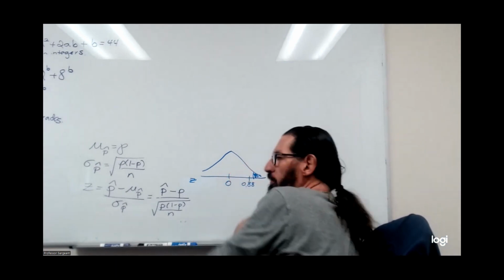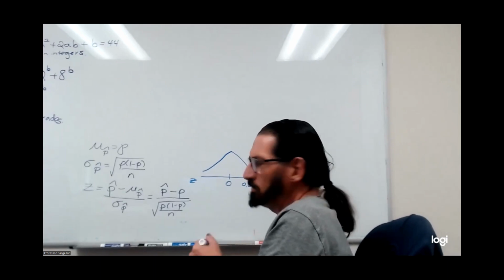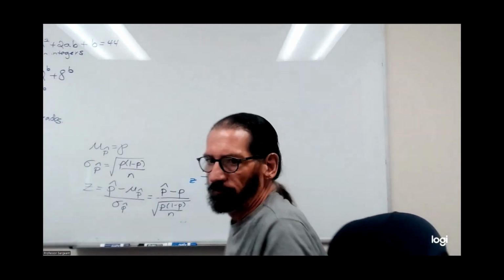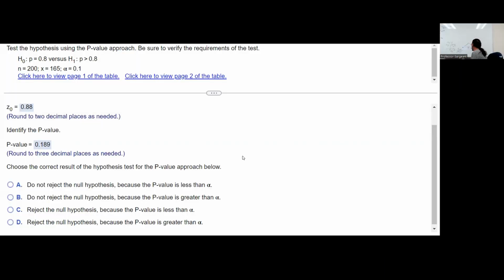It's not in the critical region. And so our probability of 0.189 is greater than the alpha of 0.1, which, by the way, is the same as 0.100.